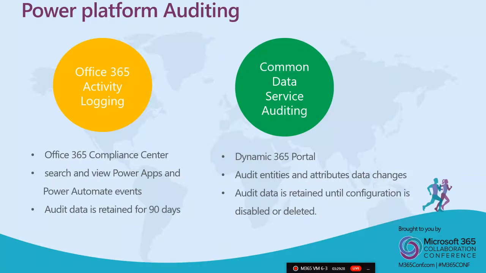In terms of auditing, there are two categories. One is the Office 365 activity logging, which is available in Power Apps and Power Automate, in the Office 365 Compliance Center, where you can see the activities related to Power Apps and Power Automate. This allows seeing when activities like apps or flows are created, edited or deleted, along with other key activities.